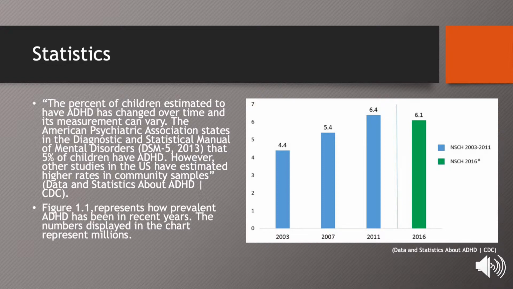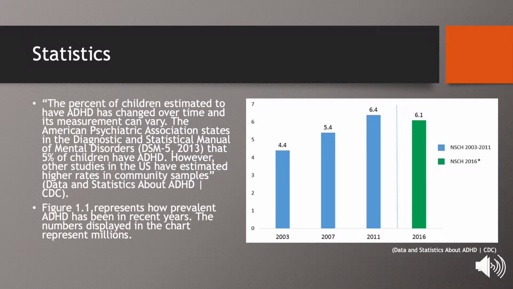Now we're going to look at some statistics that we found online. So the percent of children estimated to have ADHD has changed over time, and its measurement can vary. The American Psychiatric Association states in the Diagnostic and Statistical Manual of Mental Disorders that 5% of children have ADHD. However, other studies in the U.S. have estimated higher rates in community samples.